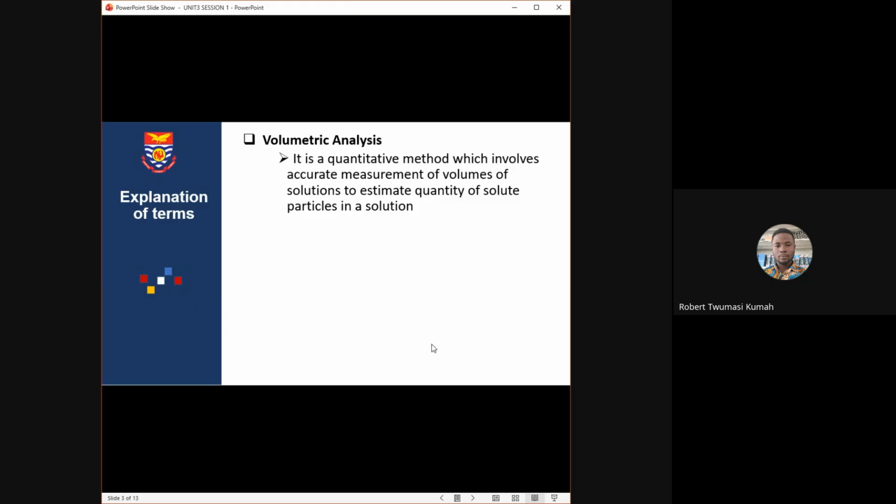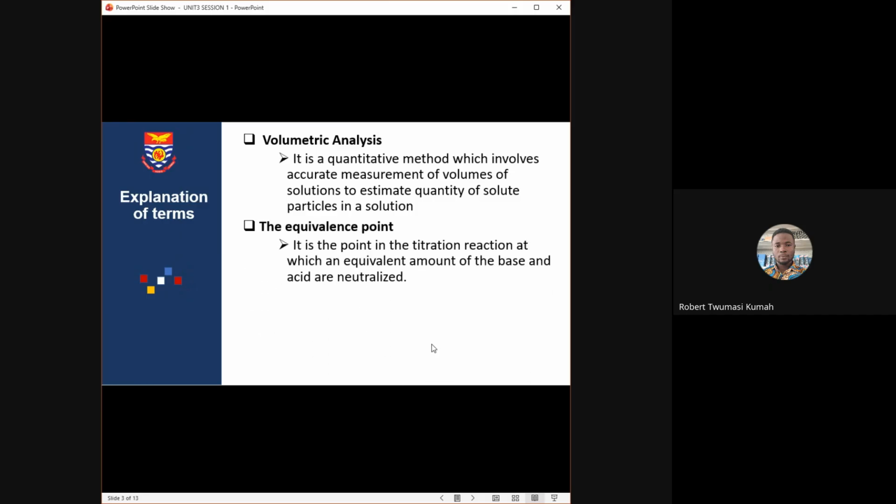We are dealing with measurements of volumes. Then we have equivalence point, which is a point in the titration reaction at which an equivalent amount of the base and acid are neutralized. How do we explain this?